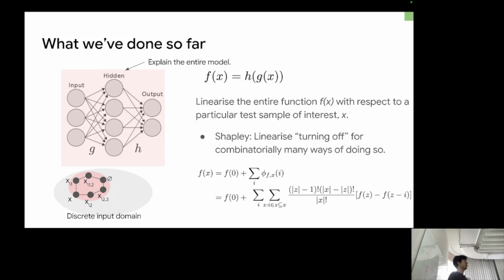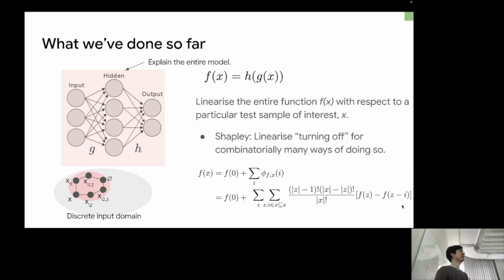So you basically consider all these paths when you do the computation. And the computation on each path is very similar to integrated gradient: along the path, you take the gradient of the function in the direction of feature I. In this case, feature I is a discrete variable, so instead of the gradient, which is an approximation of some function, you just take the difference between f of x and f of x minus I.